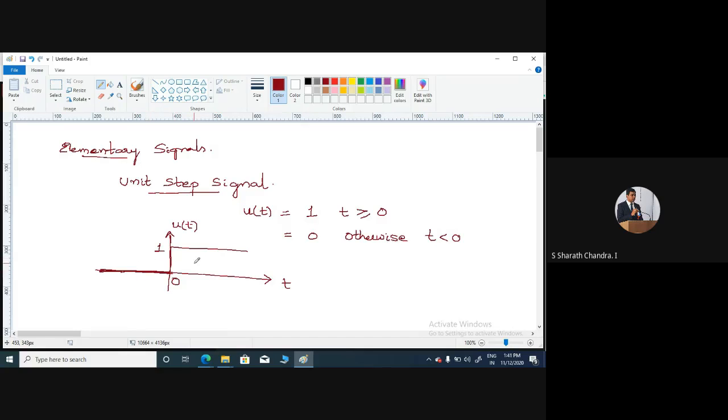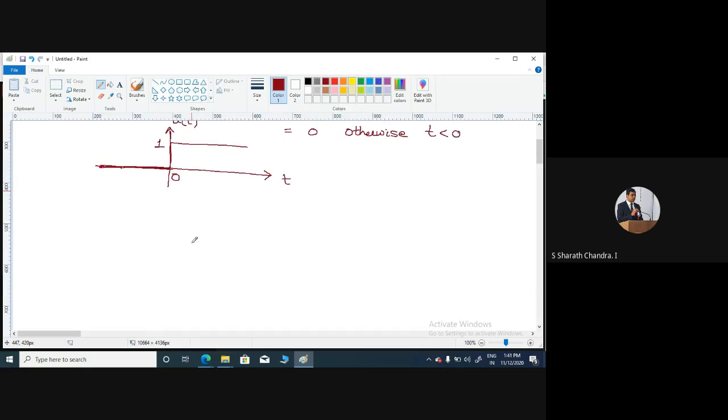And in the same way, you can also define a discrete time unit step signal, which is given as u[n] equal to 1 for n greater than or equal to 0, and it is equal to 0 for n less than 0.